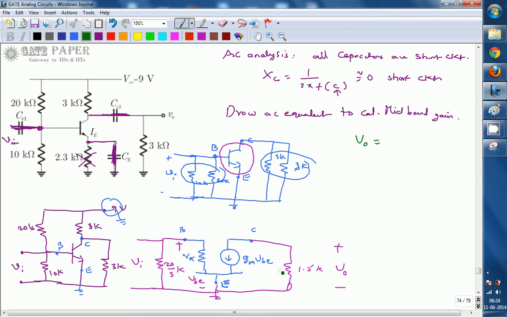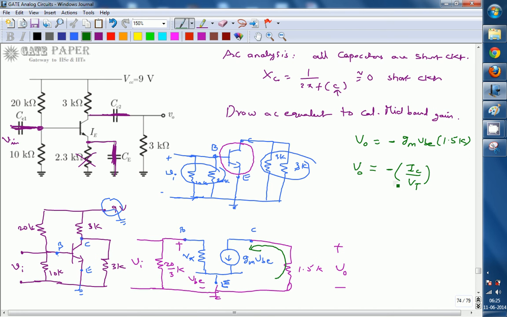So the actual current is flowing in the opposite direction, so we place a minus sign and multiply gm VBE into 1.5 kilo ohms. So gm is IC by Vt, and the gm value can be calculated from the DC collector current. So V naught is minus IC by Vt into VBE into 1.5 K.